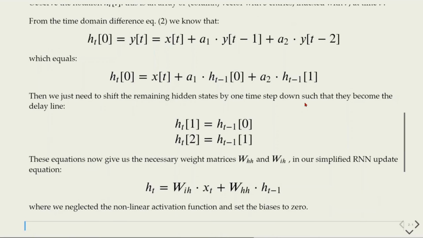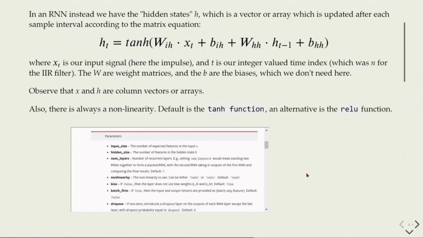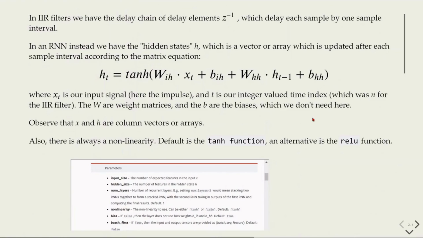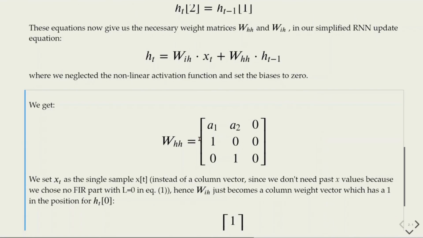So now, with those equations in hand, we have the necessary weight matrices W_hh and W_ih. Our simplified recurrent neural network update equation becomes this here, where we neglected the nonlinear activation function and we set the biases to 0. From here, we are now here. Then we will get our weight matrix W_hh, and we have a1 here, a2, 1, 1, and zeros elsewhere.